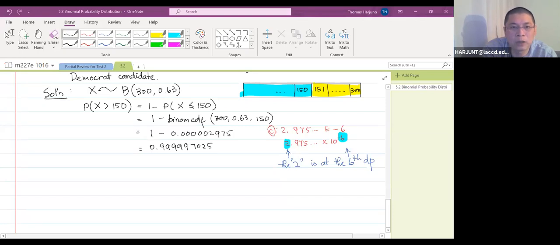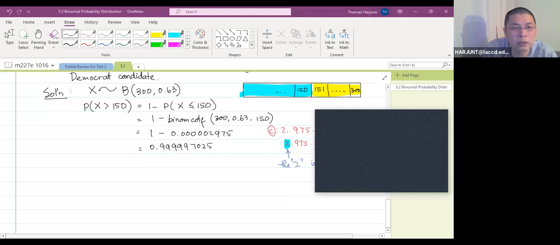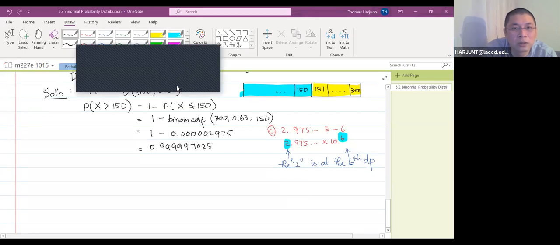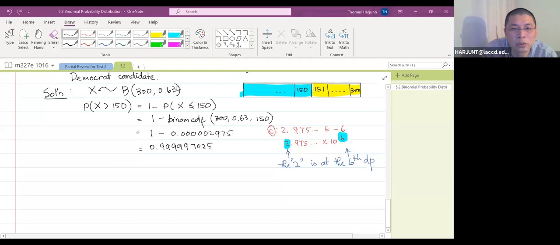Okay, now let me quote some problems from our textbook. Let's say question number 8, I think this one is a fun question. From our textbook, I would like number 14.